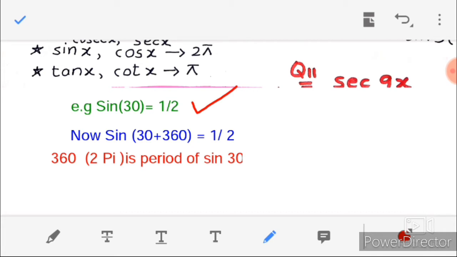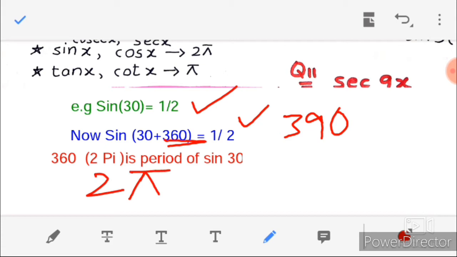Now if we add 360 to 30, we get 390. So sin 390 is also 1 by 2, which are equal values. So we can say that 360, or in radian form 2 pi, is the period of sin.